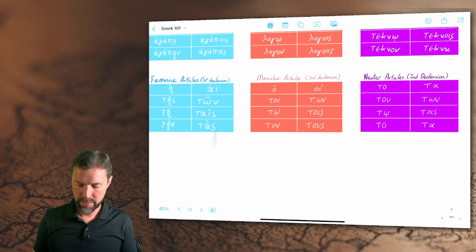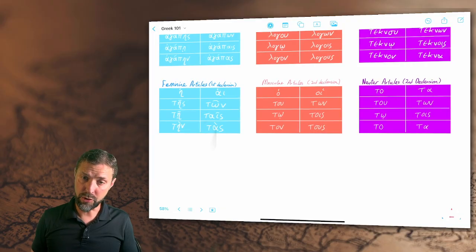Because, and here's your key for the third declension, the articles that I use for the third declension are, good news, identical to the first declension and second declension articles. Okay, so if you recall, here's what we learned as the feminine, masculine, and neuter articles.